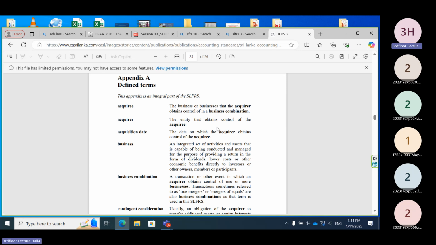The acquisition date is a critical aspect. Once you have a consolidation question, you need to decide which date you received the acquisition power, and from that day onwards you have to do the consolidation.